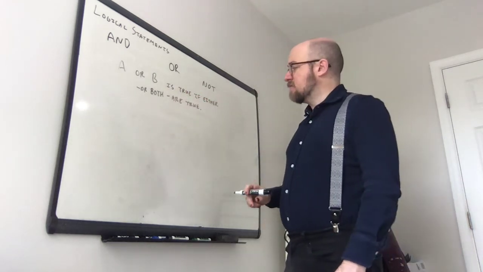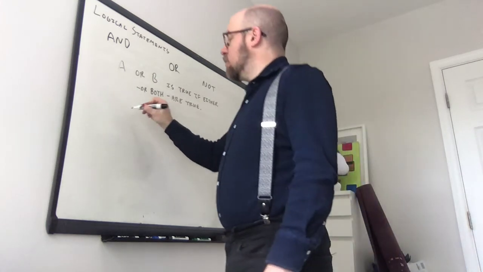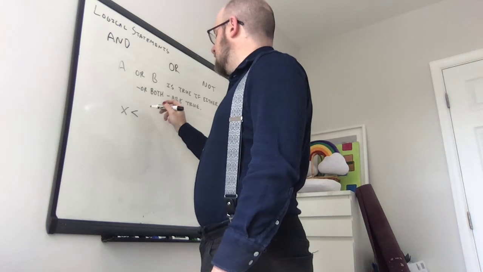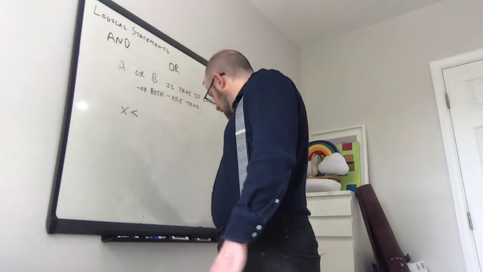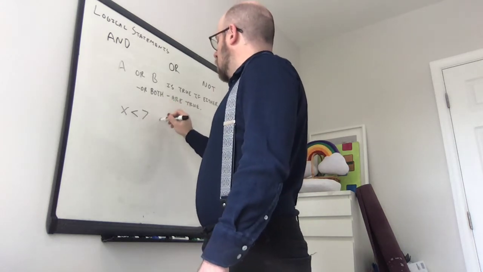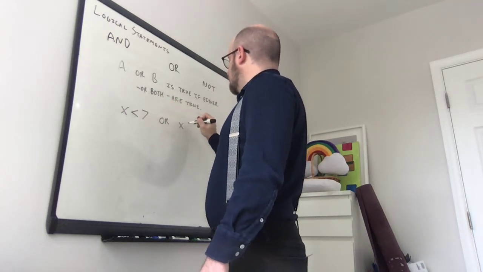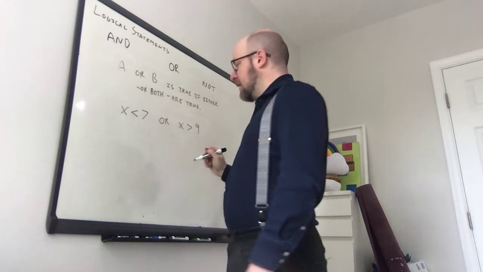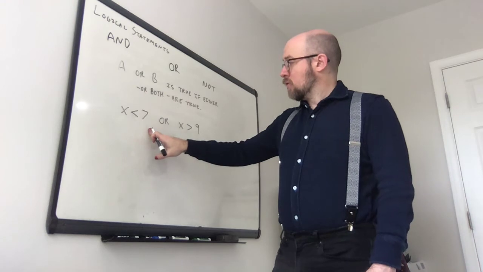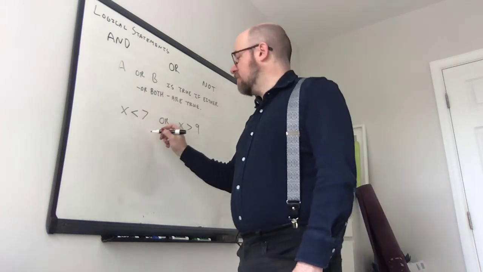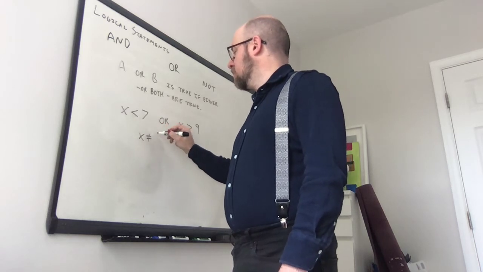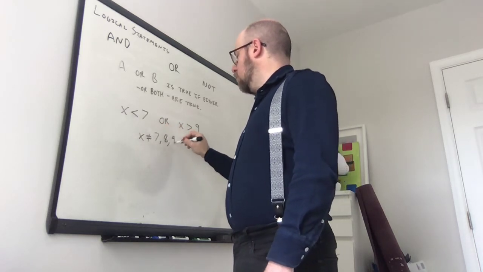Okay? And so, for example, if you had, let's say x is less than 7, or x is greater than 9. This statement is going to be true for any numbers other than, so this is true if x is not equal to 7, 8, or 9, right?